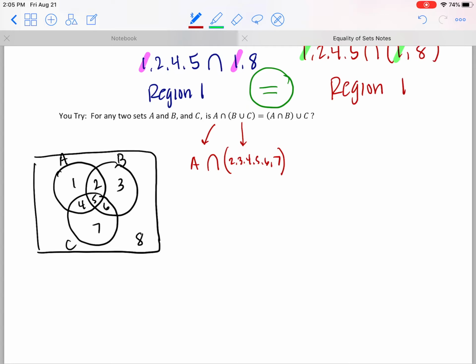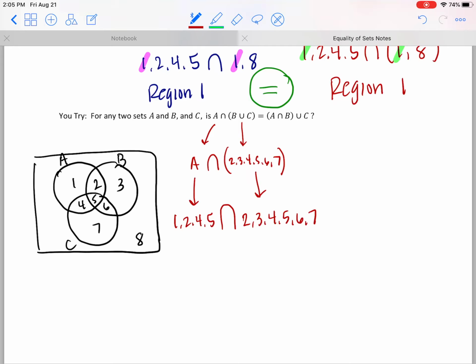So I need A, which I can identify right here. A is 1, 2, 4, and 5. I want to intersect that with what I had here. So let me list that again. 2, 3, 4, 5, 6, and 7.